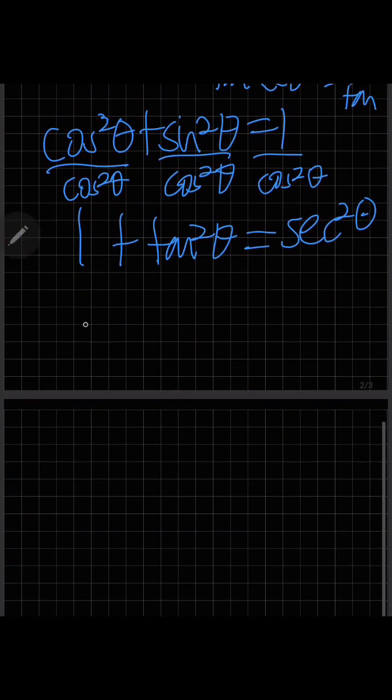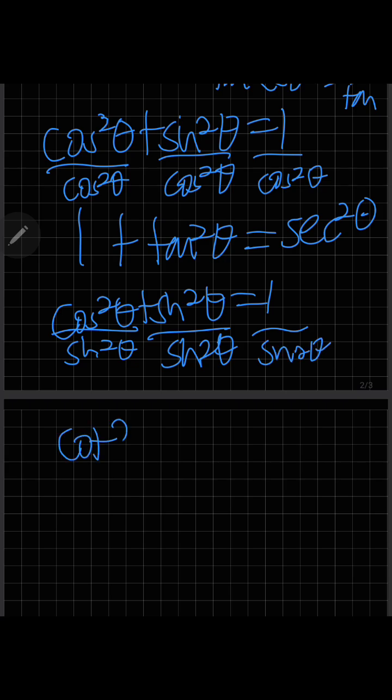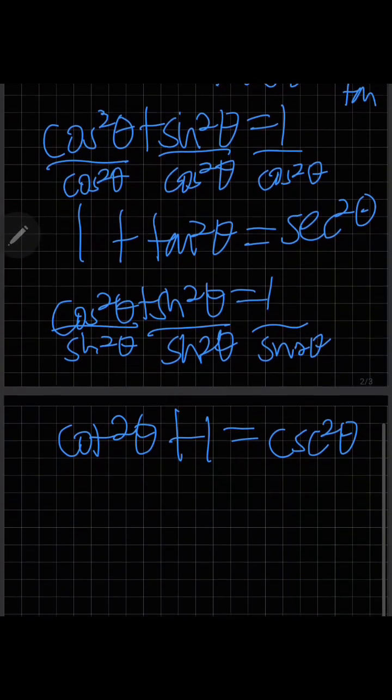Now if you do the same thing again, but by sine, this will become cotangent squared theta plus 1 is equal to cosecant squared theta. See? That's how the Pythagorean identities are mentioned in trigonometry.